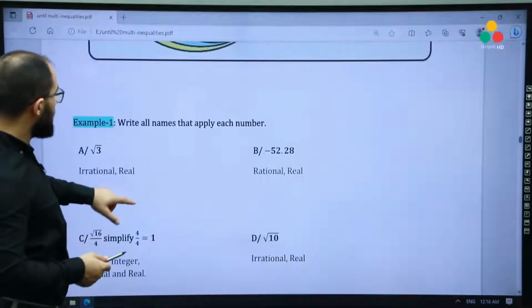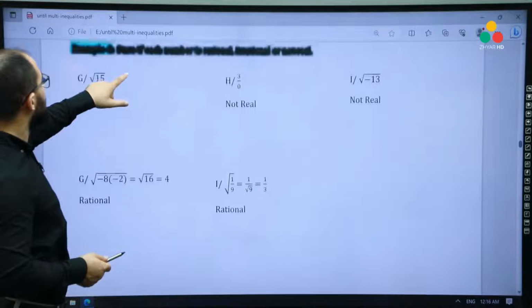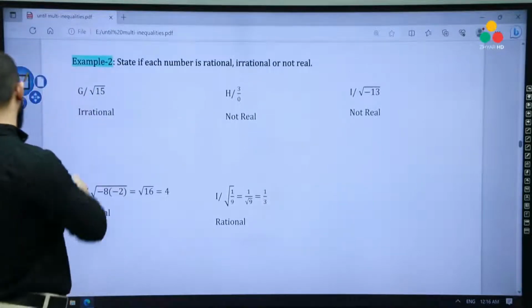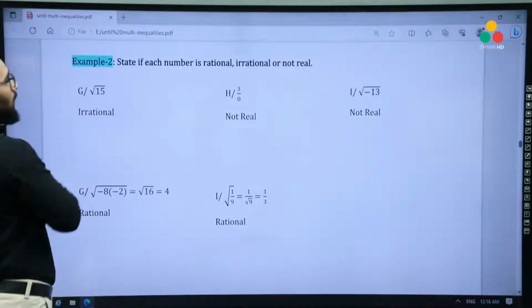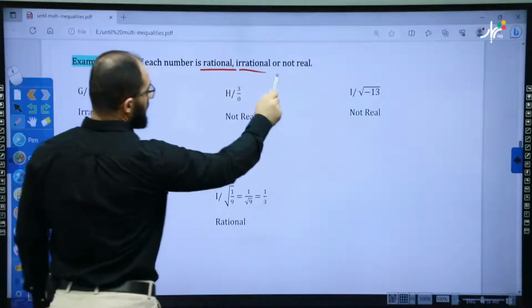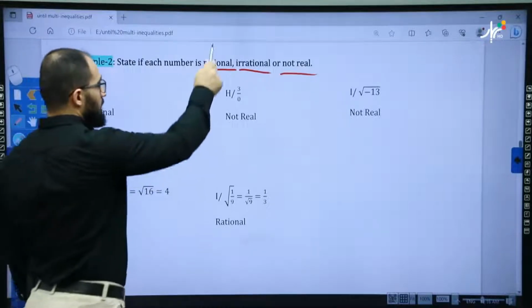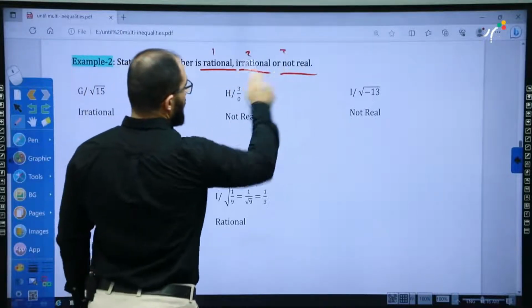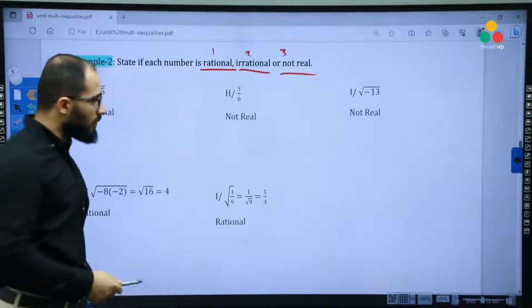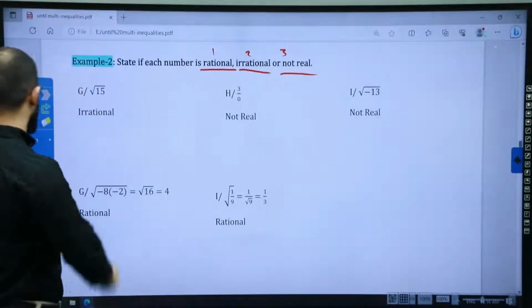But in this second example, it says state each number is rational, irrational, or not real. So we have only 3 choices. We don't have natural or real. It says write rational, irrational, or not real.